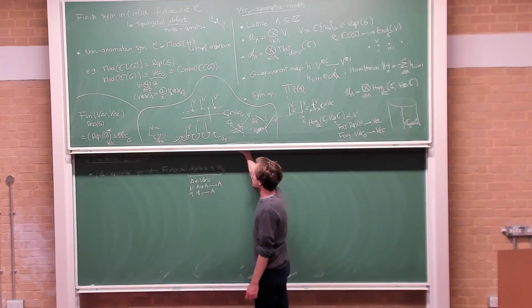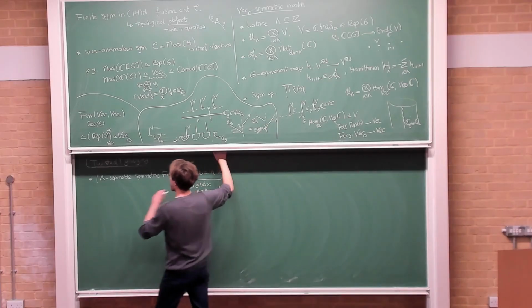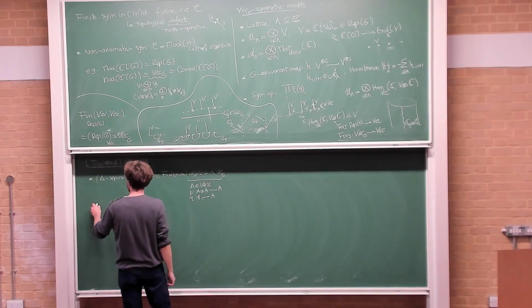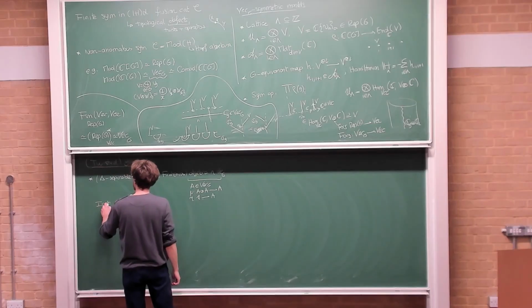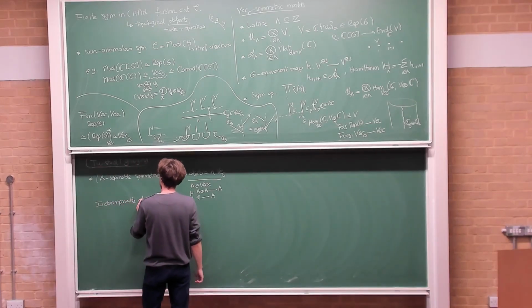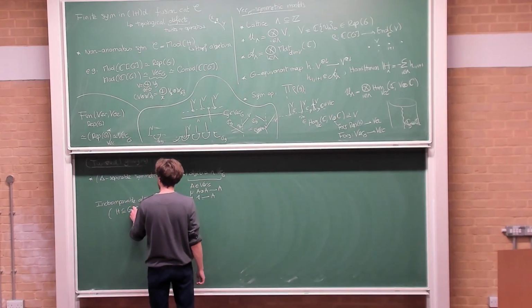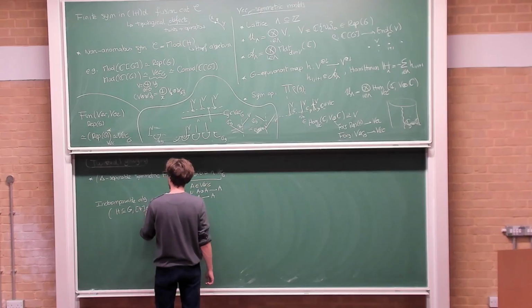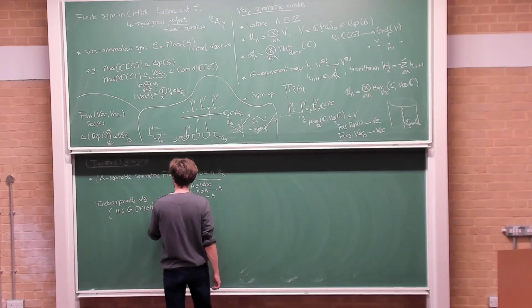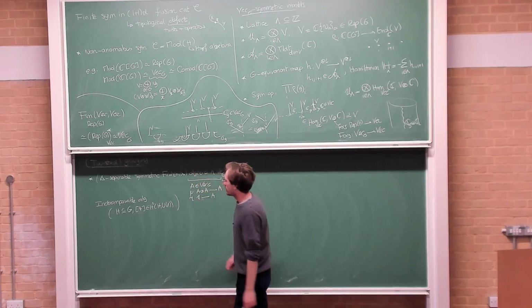In the case of Vec G, the indecomposable algebras were classified in particular by Ostrik. They are labeled by a choice of subgroup, and a choice of cohomology class of that subgroup, a second cohomology class.